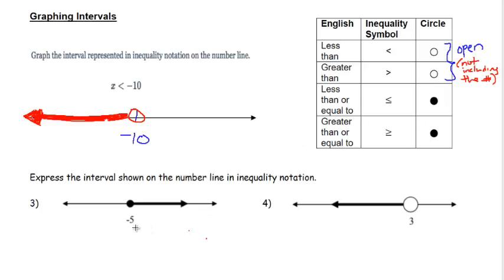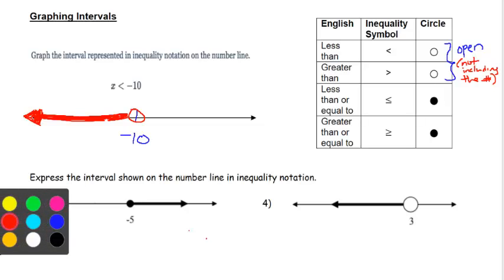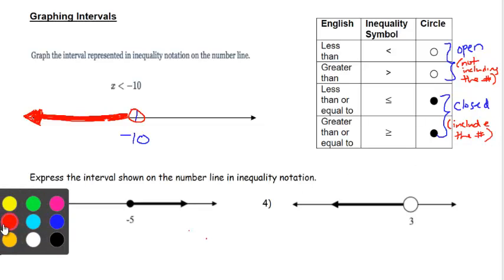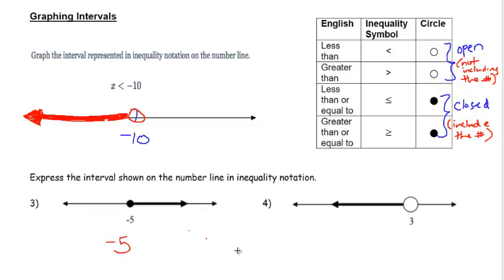Okay, so for the next example, notice that our circle is actually filled in. We call that a closed circle. And what that means is that we do want to include. We are including the number there. So -5 and some interval. That'll be x. Which of these two things is the bigger? The bar of values or the -5? Well, these are bigger because they're to the right. So the x, in this case, must be bigger than -5.